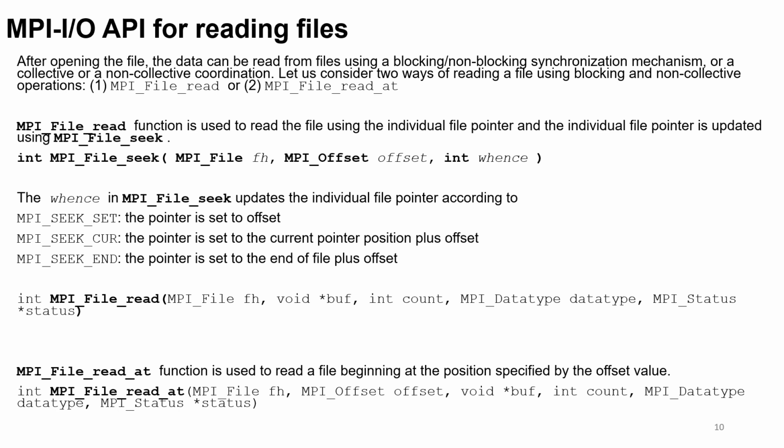For example, if we want to read a file in a blocking non-collective manner, then we can either use MPI file read with MPI file seek or MPI file set view calls, or we can use MPI file readat. If we use MPI file readat, there is no pointer involved and it takes explicit byte offsets as arguments.